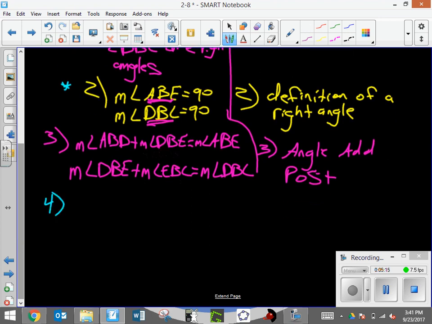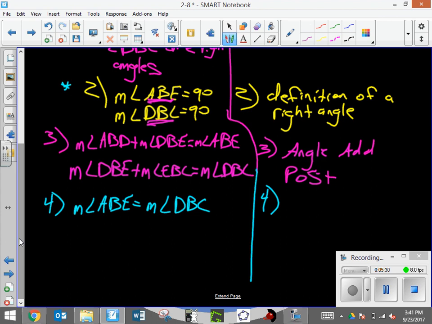So step 4, we're going to say that the measure of angle ABE is equal to the measure of angle DBC. You may state that that is either substitution or all right angles are equal. I'm going to say just based on substitution. Either one works.